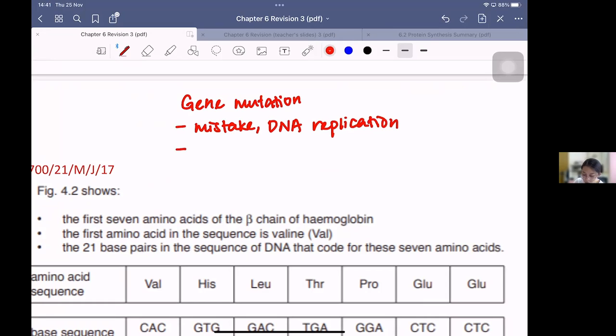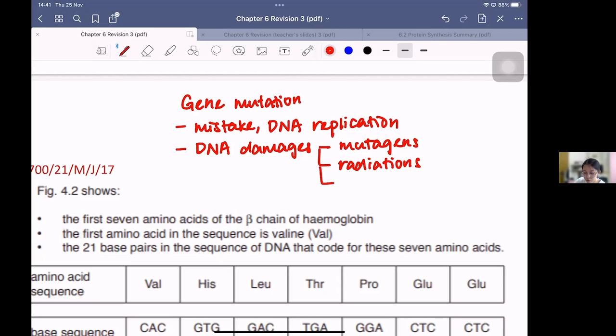It can also be caused by DNA damage by mutagens, radiations, and also misrepair.